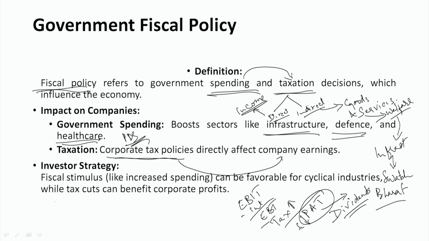So it's always necessary that the government has good or idealistic spending in the economy, and if it is for good, automatically it will favor industries on a cyclical basis, and it will benefit the corporates in terms of their profitability.